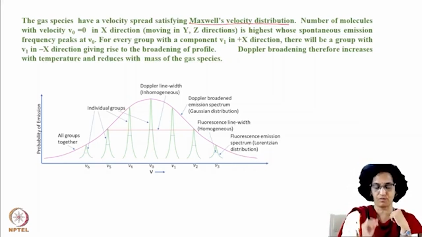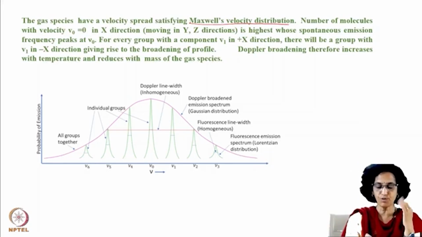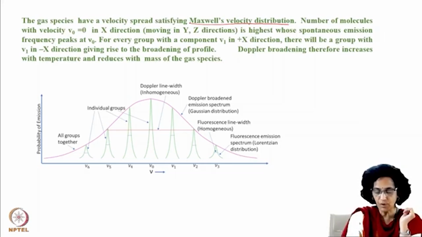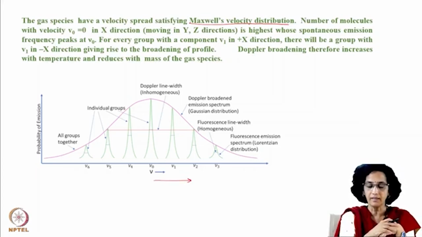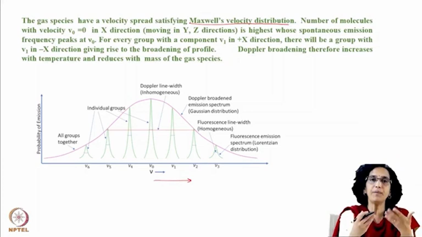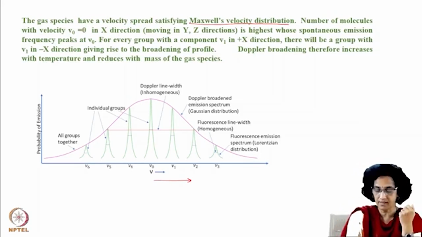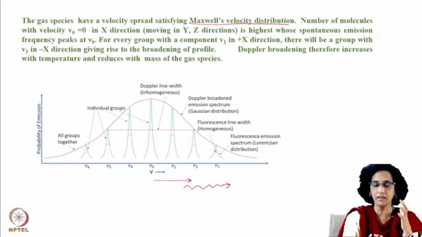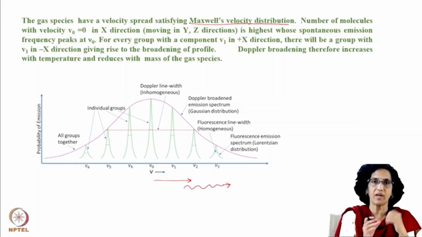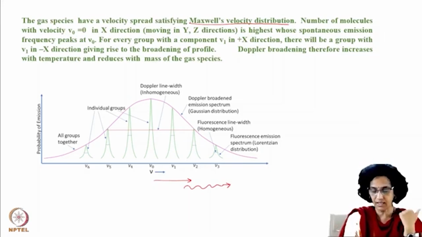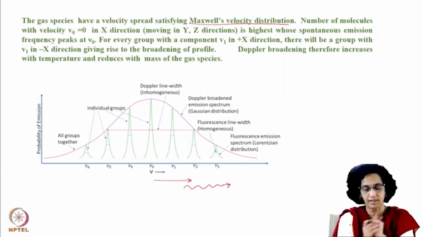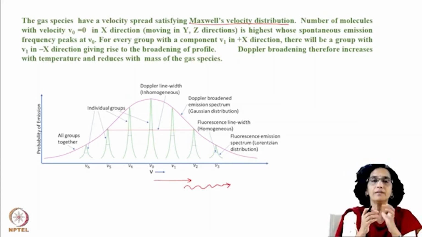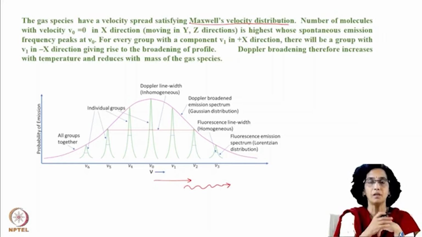Now, suppose we consider those molecules which have some component in the x direction, and we try to see what would be the emitted frequency if the emission is also in the x direction. So how will the emission of this entire ensemble look?